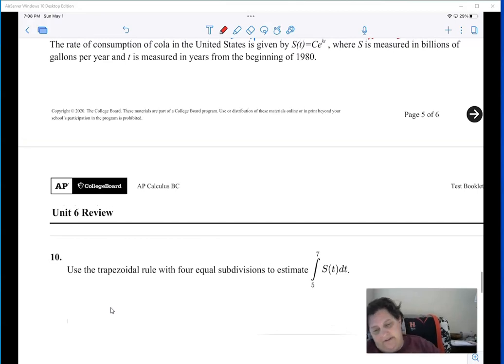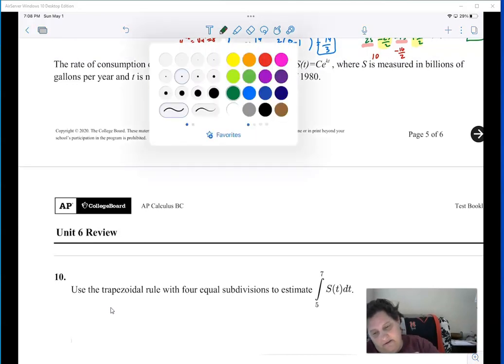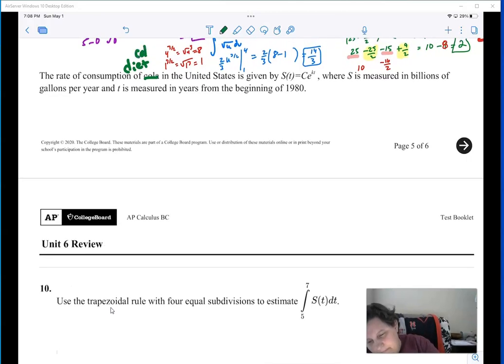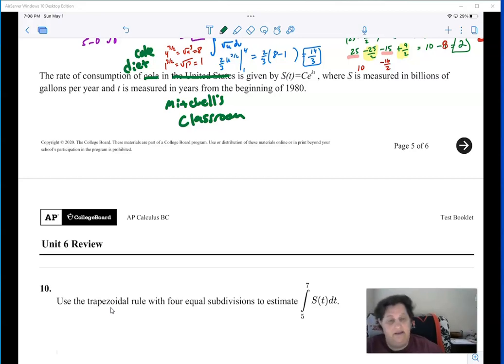The rate of consumption of Diet Coke in Mrs. Mitchell's classroom is given by S of t equals t to the k, e to the kt.